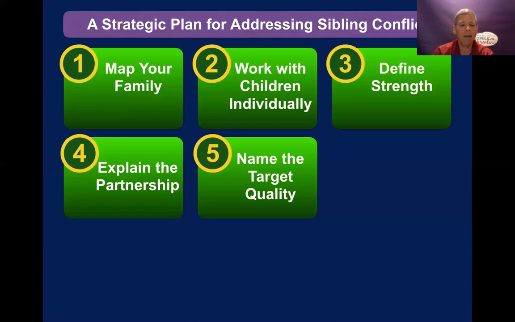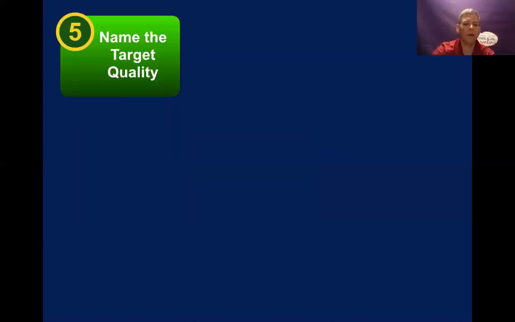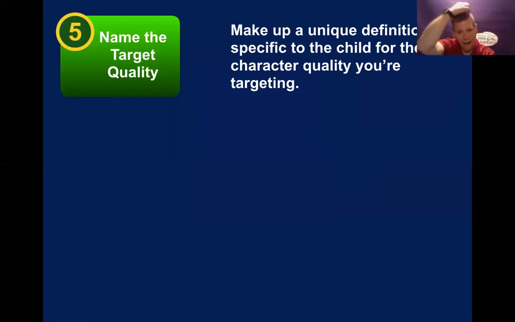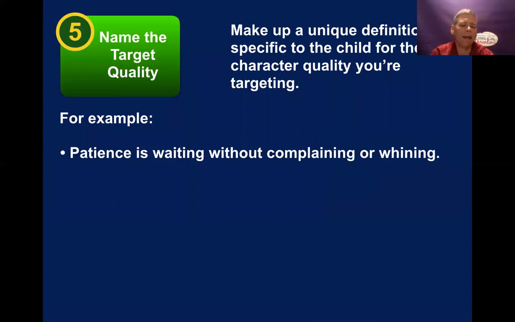We want to name that target quality for the child. And so let's talk about what that's going to look like. I would suggest that you develop a unique definition of that quality for the child you're working with. And so it's going to be individualized. Let me give you some examples. Patience is waiting without complaining or whining.